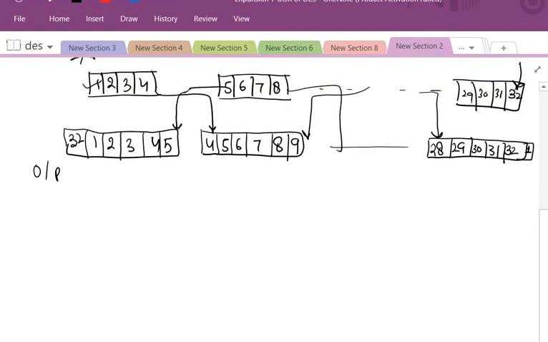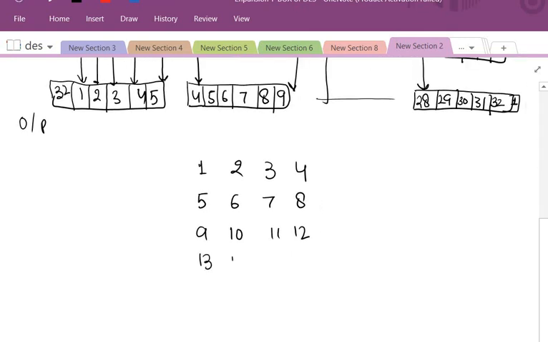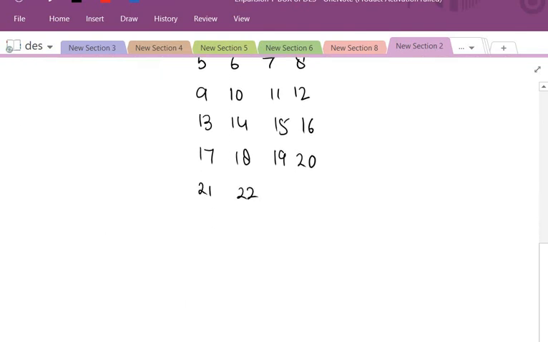So how can we draw the table for this? For drawing the table, you can see this is directly put over there: 1, 2, 3, 4, 5, 6, 7, 8, 9, 10, 11, 12, 13, 14, 15, 16, 17, 18, 19, 20, 21, 22, 23, 24, 25, 26, 27, 28, 29, 30, 31 and 32.